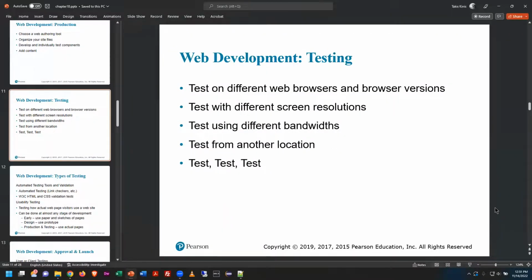Test a lot and make sure, because if your client does happen to be on a different platform and they look at the website, so like you're a PC person and they're a Mac person, you're using Chrome, they use Safari, hypothetically it should look identical, but you never know. And if they look at it on their system and it's horribly broken compared to yours, well, what's going to be their conclusion?